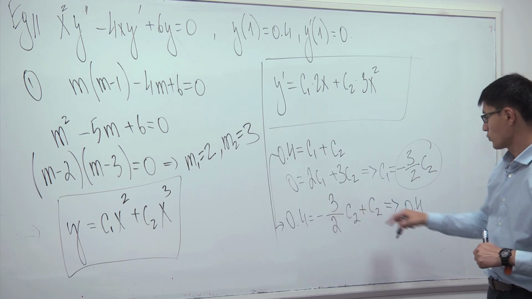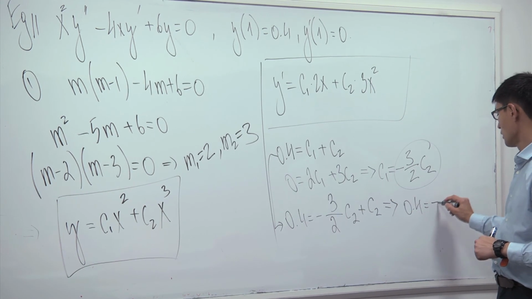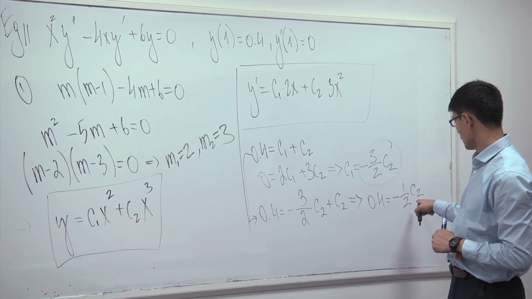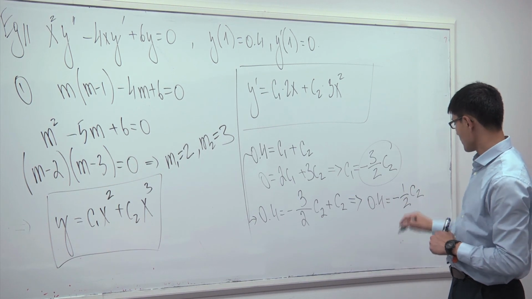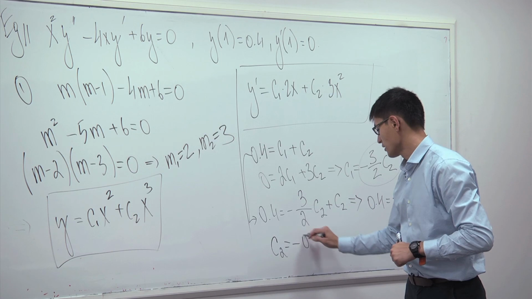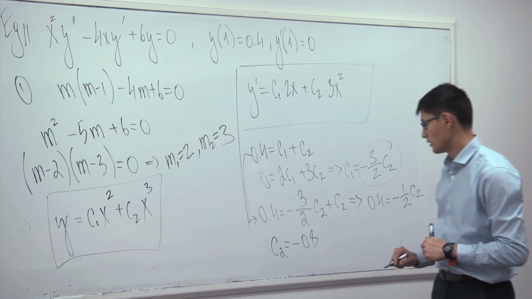Minus 3 over 2 plus 1 is equal to minus 1 over 2. So if I multiply both sides by minus 2, I'd get that c2 is equal to minus 0.8.